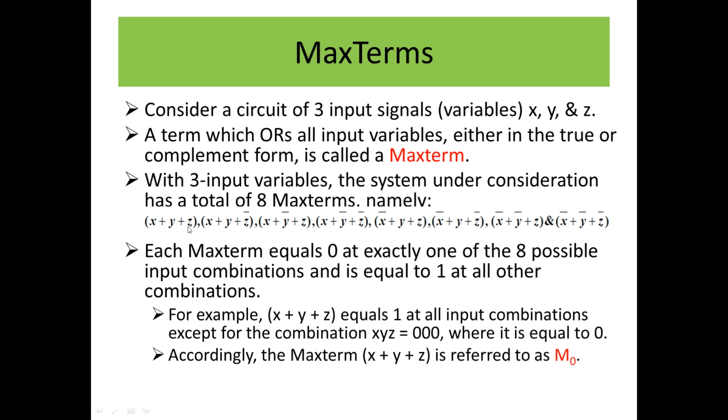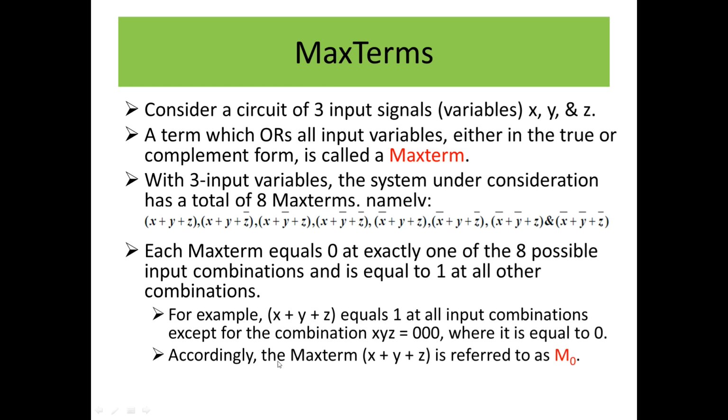Each Maxterm equals 0 at exactly one of the 8 possible input combinations and is equal to 1 at all other combinations. So what you have to understand from this slide is, for example, x plus y plus z equals 1 at all input combinations except where it is 0 0 0.